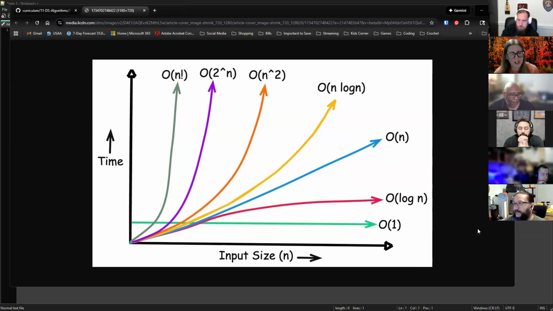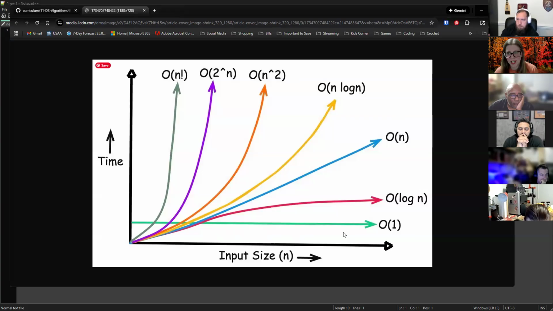Tomorrow though is when you're going to dive deeper into the different types of O notation, not just the two I briefly introduced you to. You're going to look at more of these and how to actually analyze functions for which one it would be. So that is tomorrow. But good, this is a very good visual, right?